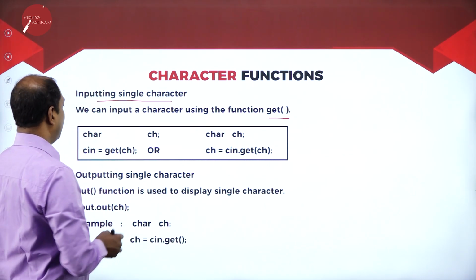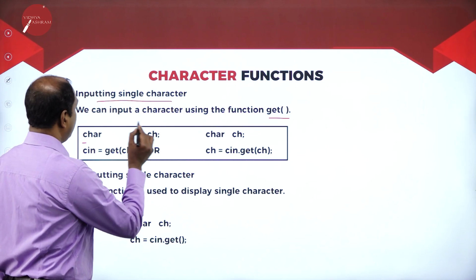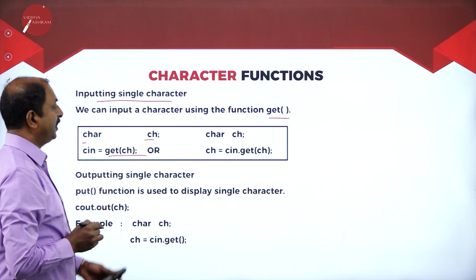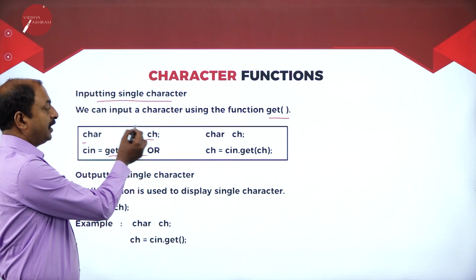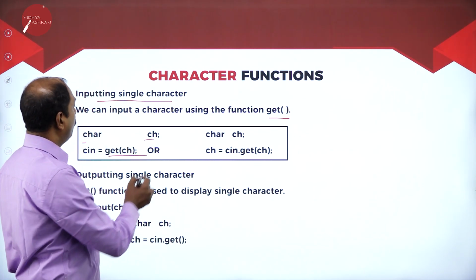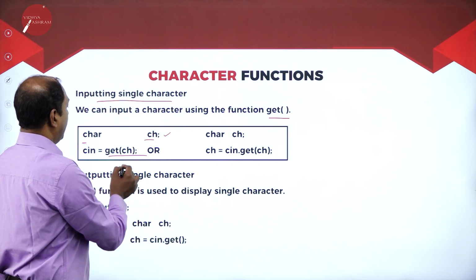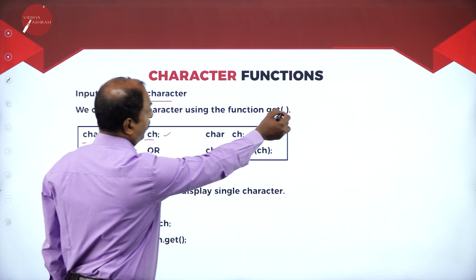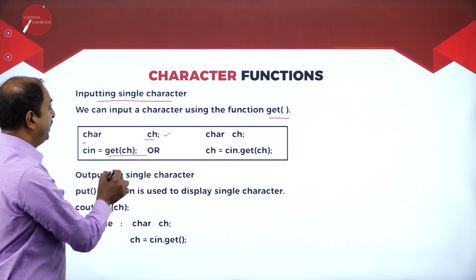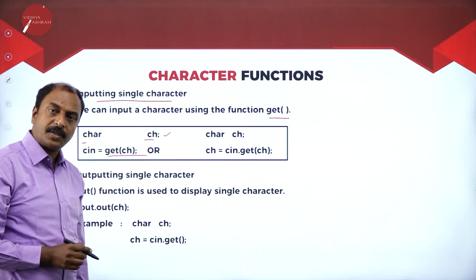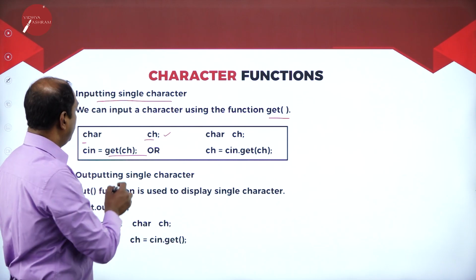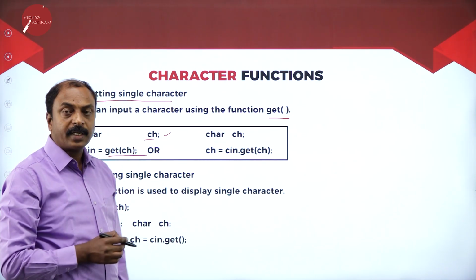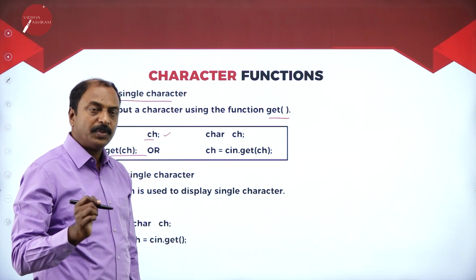So, the syntax is: char ch; cin.get(ch). You observe here that char ch is the declaration of a character variable, and we are using cin.get, which is a function, with ch inside as an argument or parameter. So it is going to accept a single character from a standard input device.